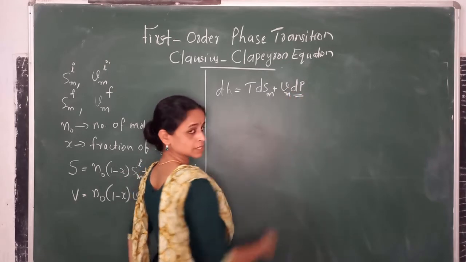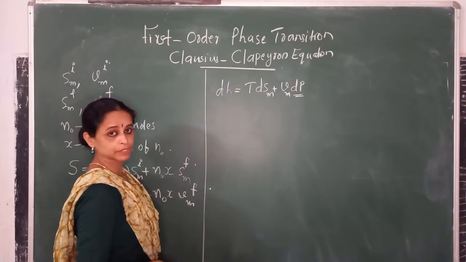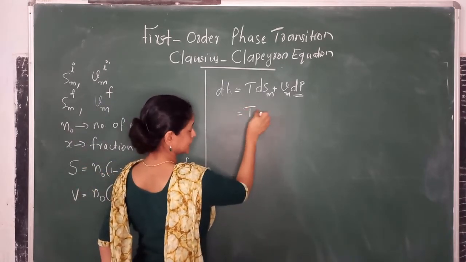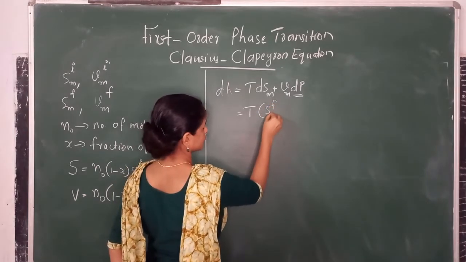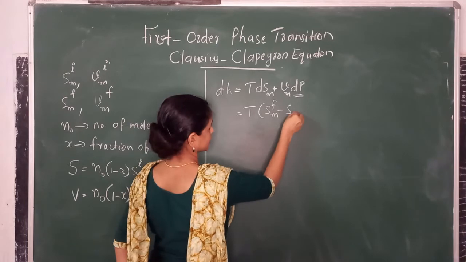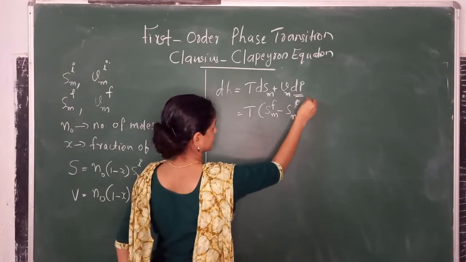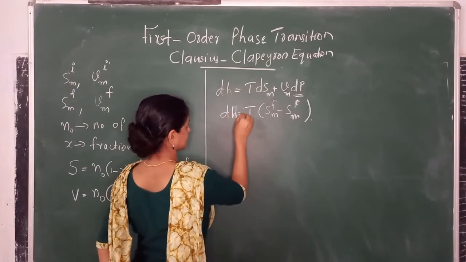But this is at constant pressure; the phase transition occurs at a constant pressure. So we can write this as T into dS, where dS is SMF minus SMI. That is the molar enthalpy dH.